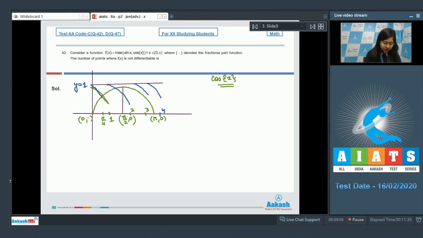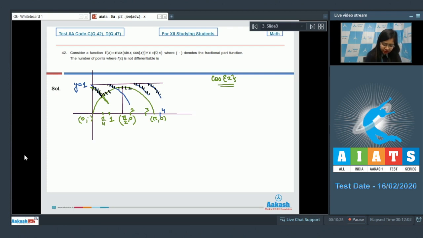So the graph is like this. Now we are talking about the maximum of these two. So it is this portion. Then from 2 to 3, the maximum is this one. But we have to look up to pi only.